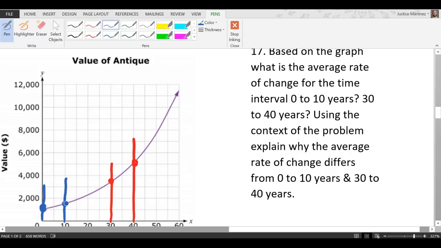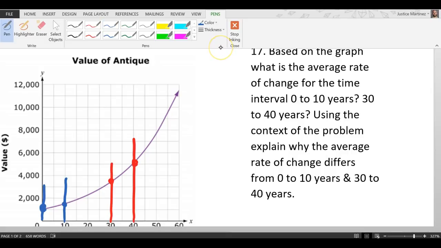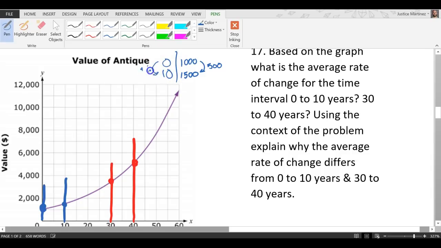Let's check these out. In blue, from 0 to 10, it looks like it goes from 1,000 to 1,500. This is for you to see the table. That appeared to be about 500 in terms of an increase. That was the change in y, and the change in x was 0 to 10, meaning plus 10.